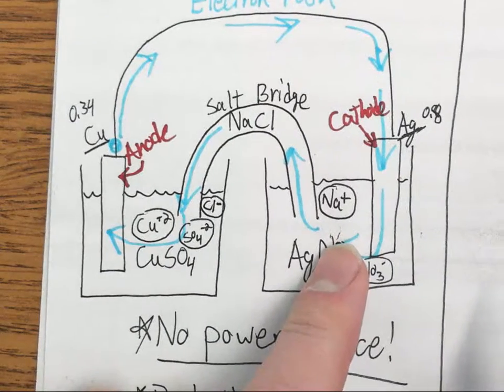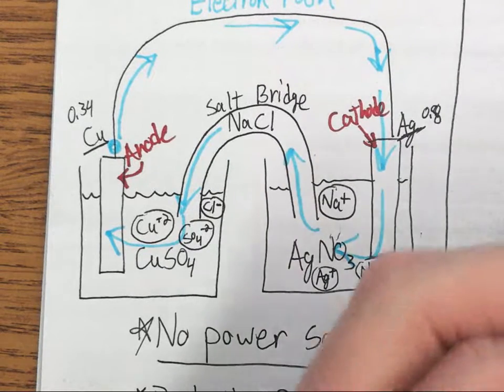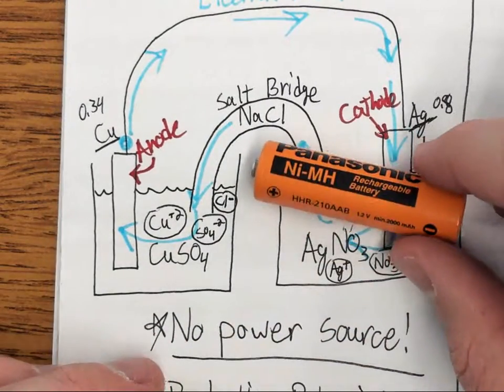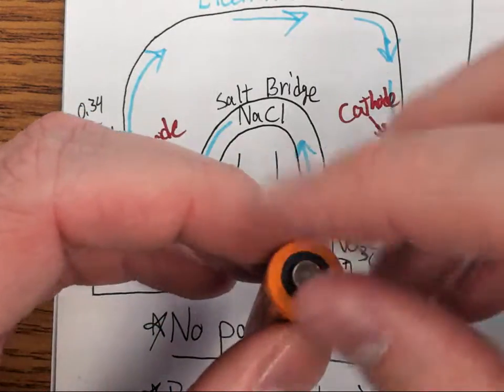Now, here's something that's kind of interesting. Do you guys ever see batteries that are old, and they kind of have like some kind of gunk on it, and it's like really crusty and gross?